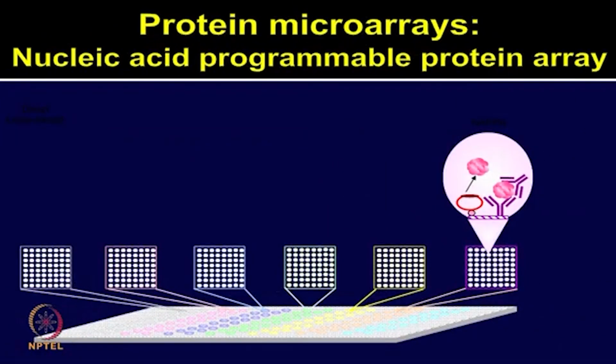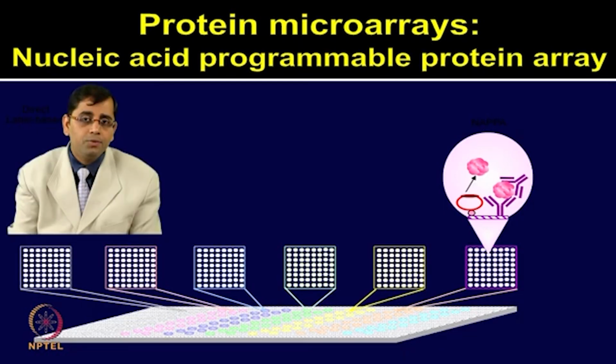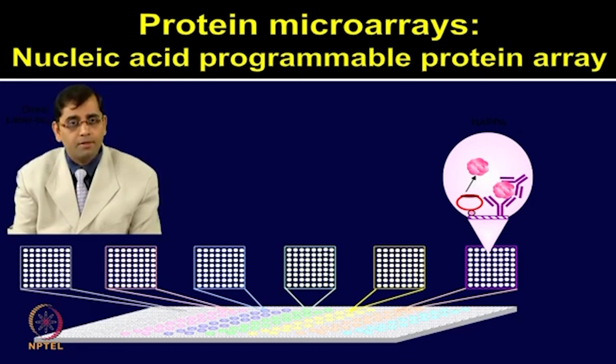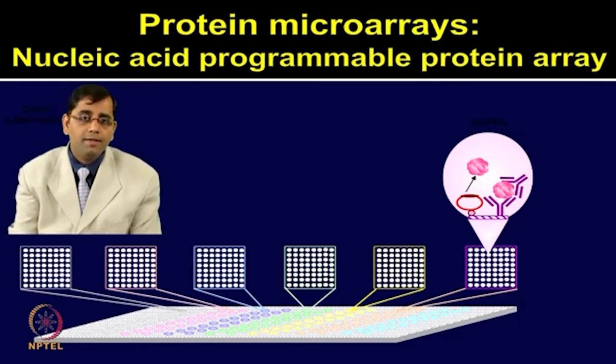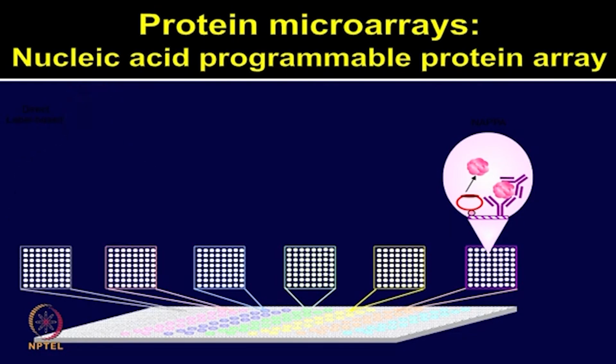Due to the challenges involved in purifying proteins or synthesizing peptides, scientists have also explored ways to eliminate protein purification steps. Dr. Josh Labaer's group at Harvard developed nucleic acid programmable protein arrays, or NAPA, in which cDNA containing a GST tag is printed on the array surface.